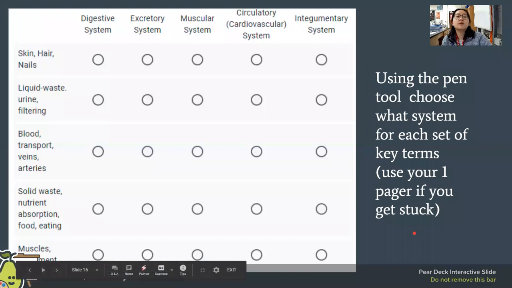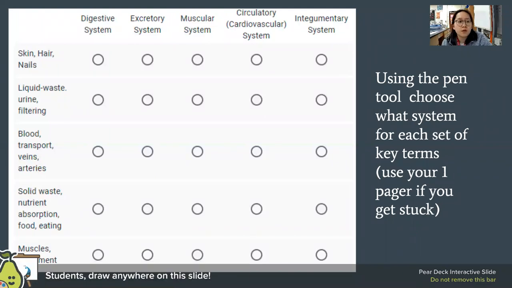So you're going to take some time now to use the pen tool and choose which system applies to which set of key terms. For example, which system is the skin, hair, and nails? Which system is the liquid waste and urine and filtering? Which system involves blood, transport, veins, and arteries?